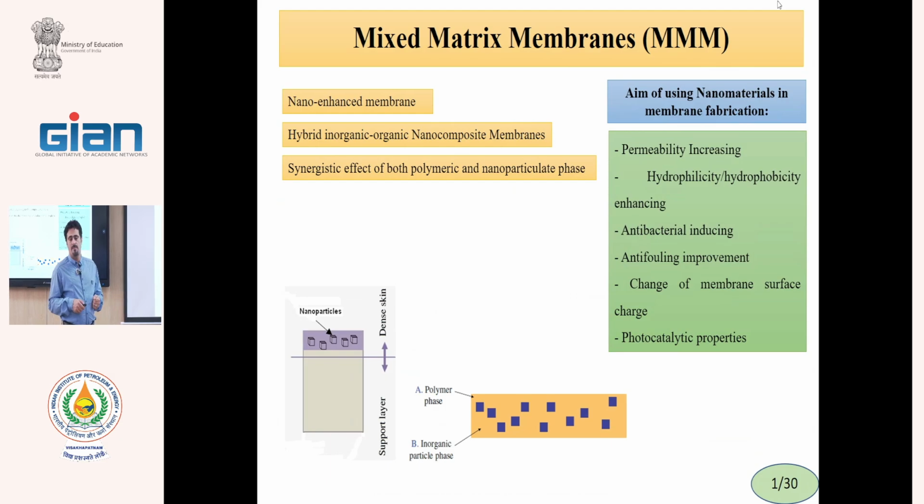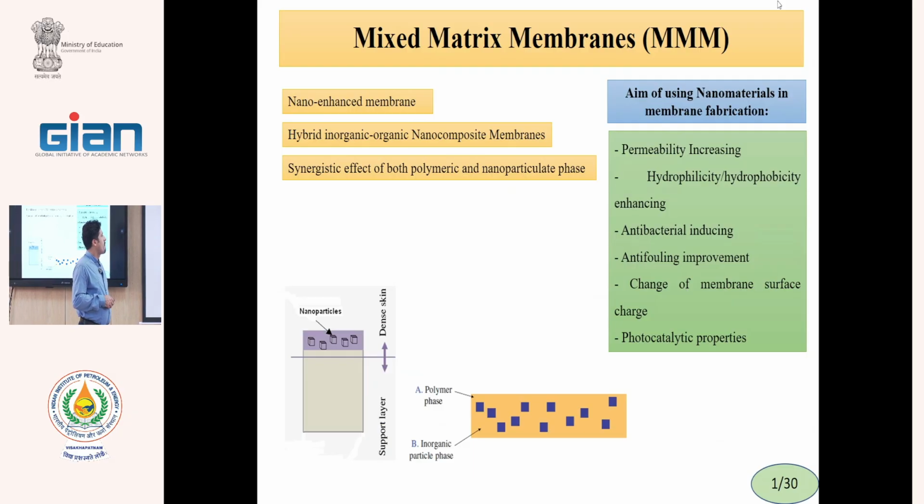Therefore, with the addition of these nanomaterials to the membrane, we can induce antibacterial properties in the membrane body. For anti-fouling improvement, with the addition of nanoparticles, we can reduce roughness and increase hydrophilicity, which cause low fouling of the membrane.